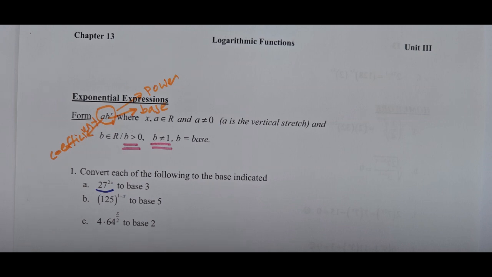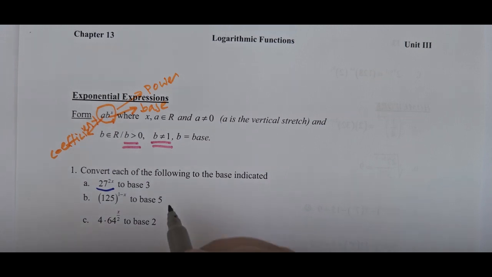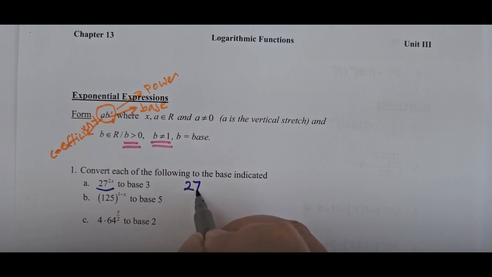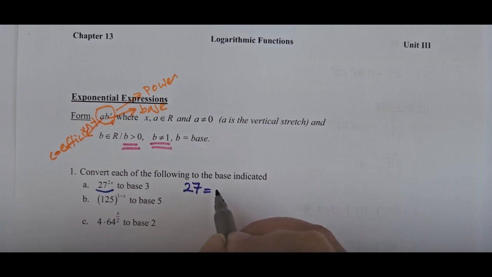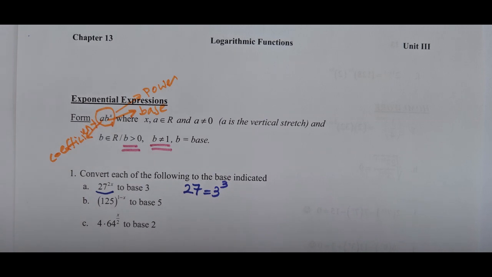But the question is asking you to change the base from 27 to 3. What I know, I can put it as a side note: 27 is 3 to the power 3.